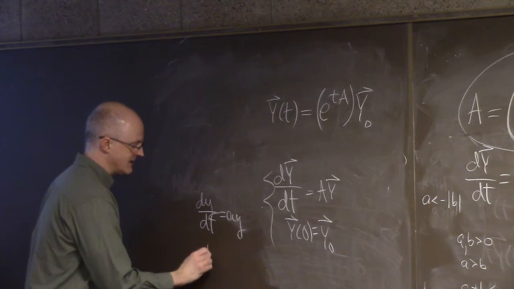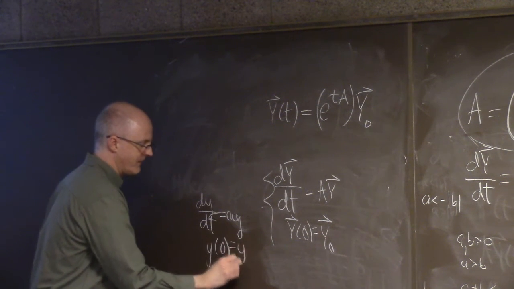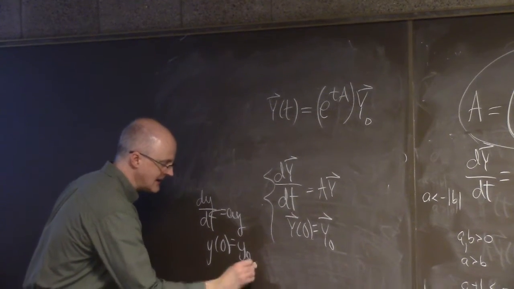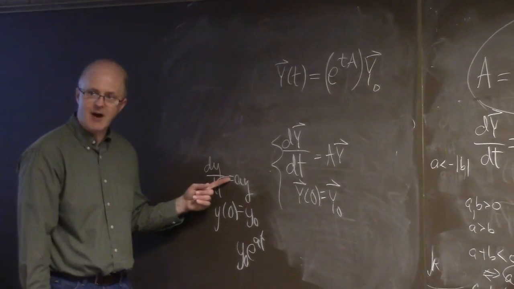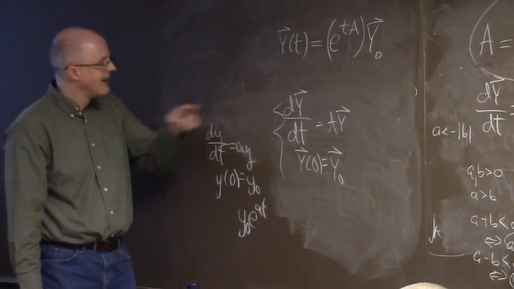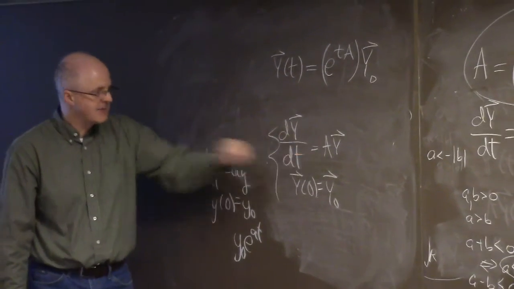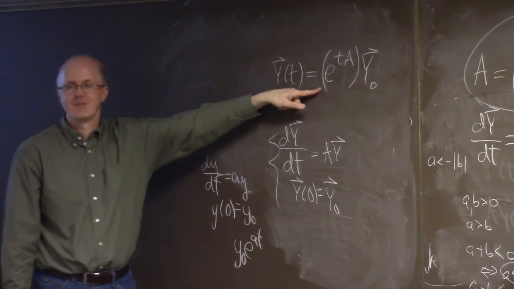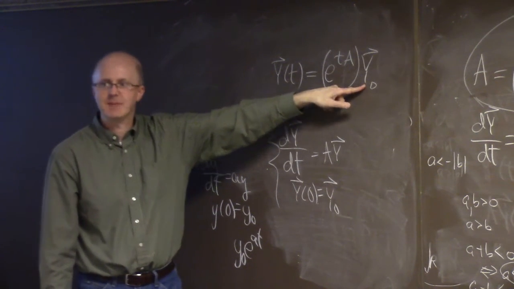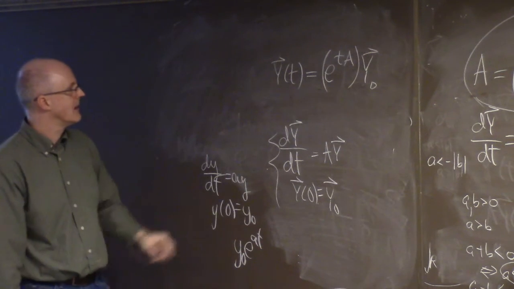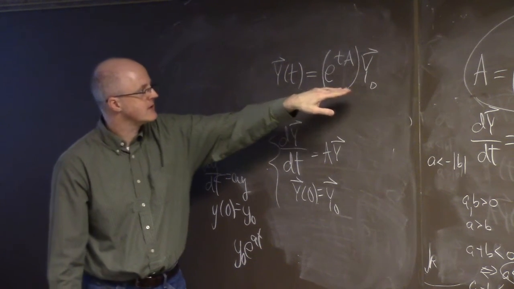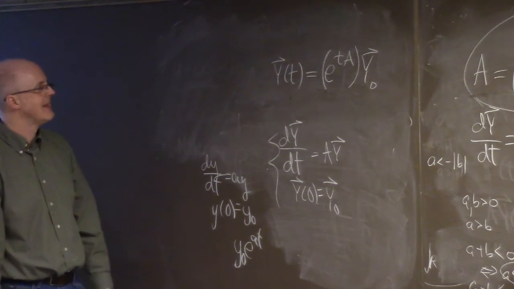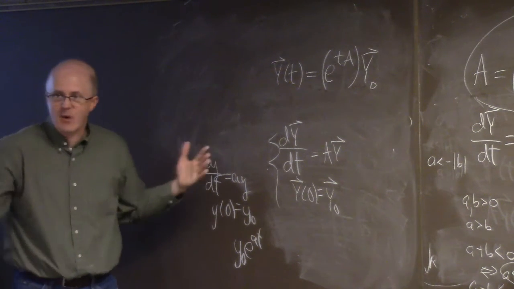That differential equation, with this initial condition, has unique solution y0 e to the at, where a is a number now, and y is a number as well. Y is a vector here, A is a matrix. A similar kind of thing still works, except you put the initial condition to the right because it's a column vector. You've got to multiply the matrix, 2 by 2 matrix, times that 2 by 1 column vector, at least the way we're thinking about it. They match. That's why it's beautiful.